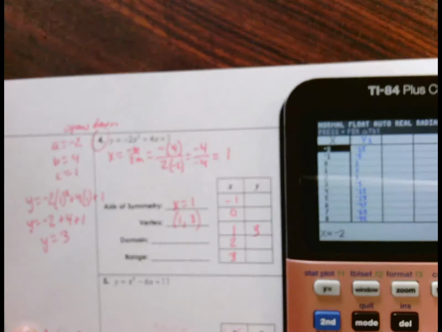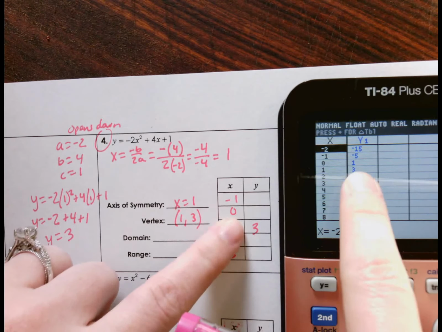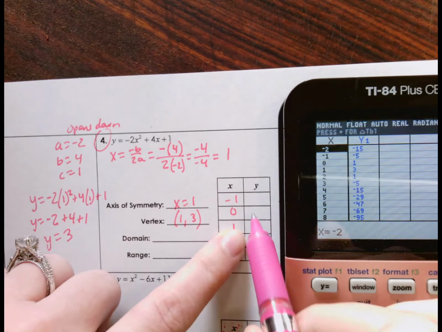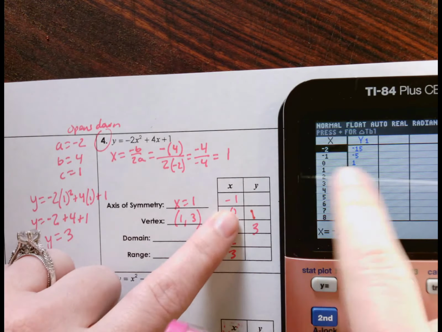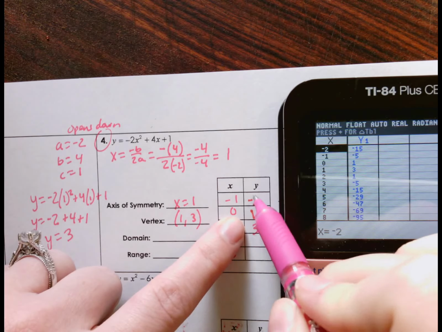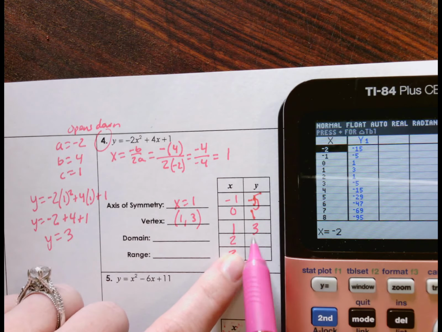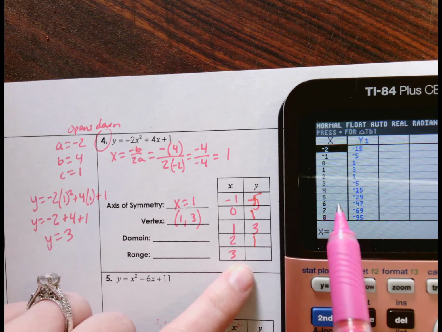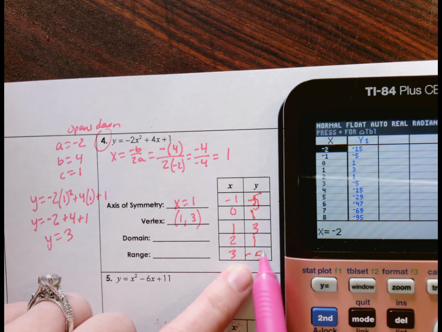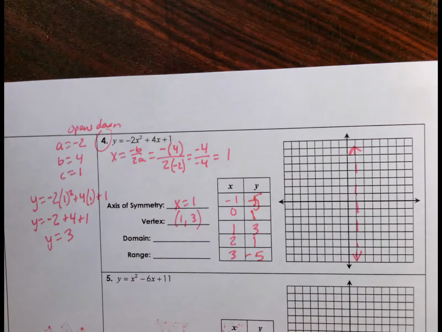This is my table. I am looking for the y value that corresponds with 0, which is 1. The y value that corresponds with negative 1 is negative 5. The y value that corresponds with 2 is 1, and the y value that corresponds with 3 is negative 5. Now we're going to plot those points.